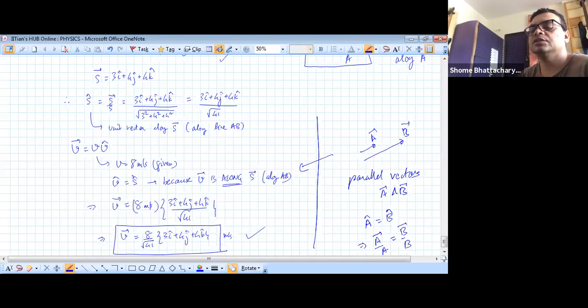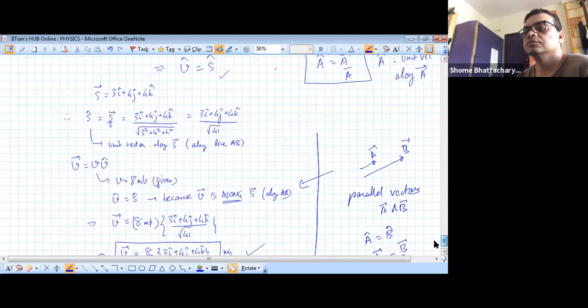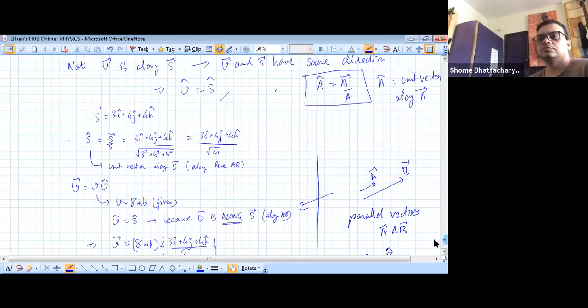They are parallel to each other, or they are along the same line. So their unit vector should be the same. Okay, people. So hope this is clear.